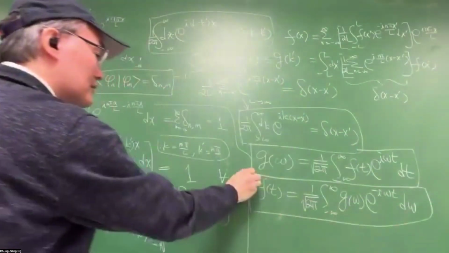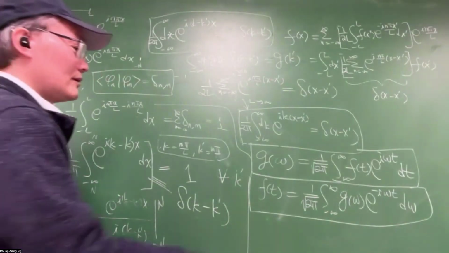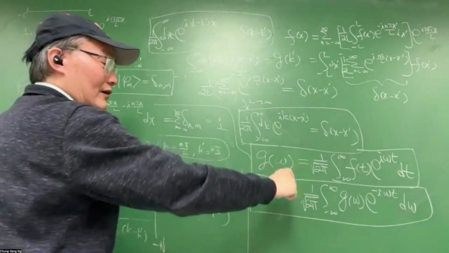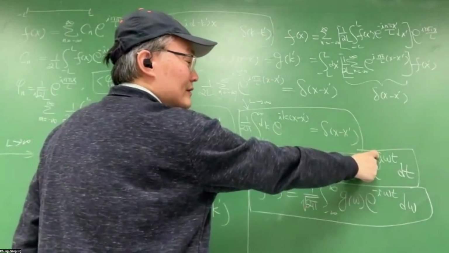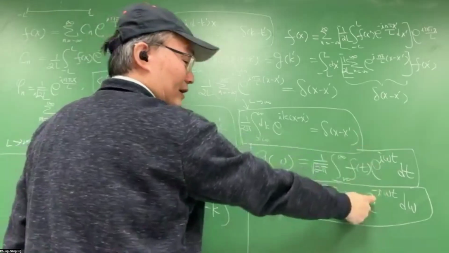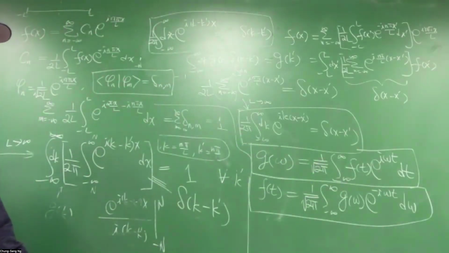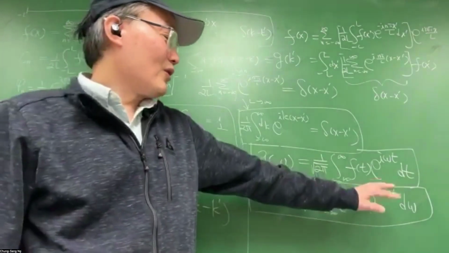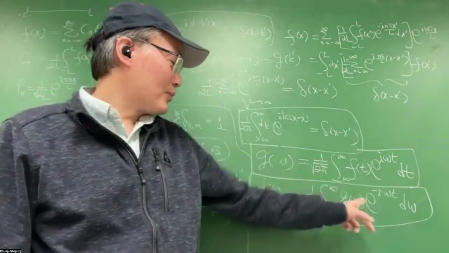This is the inverse Fourier transform, and using the symmetric convention, they are of the same form except for the sign of the exponential function. One is positive, the other is negative. Which one is positive, which one is negative is also a convention. Okay. For omega t, we usually put it this way.